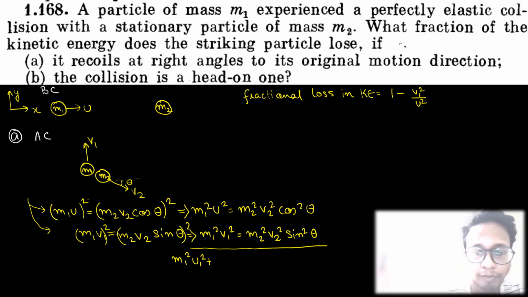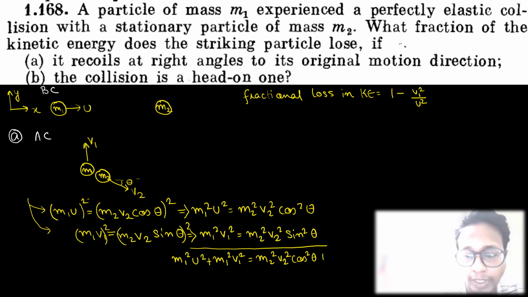So m1 square u square plus m1 square v1 square equals m2 square v2 square cos square theta plus m2 square v2 square sin square theta.